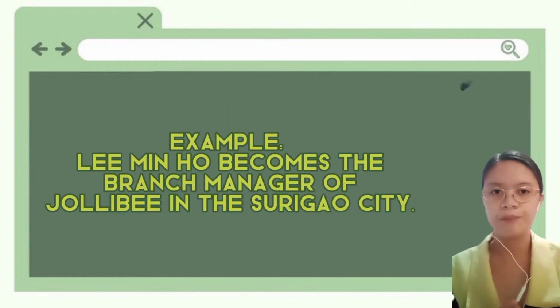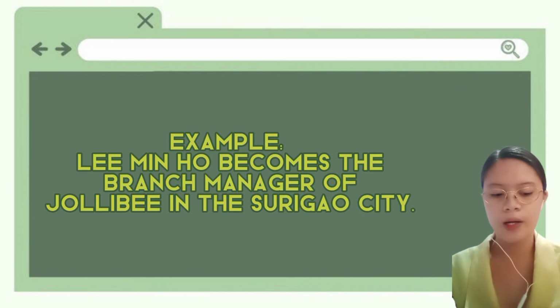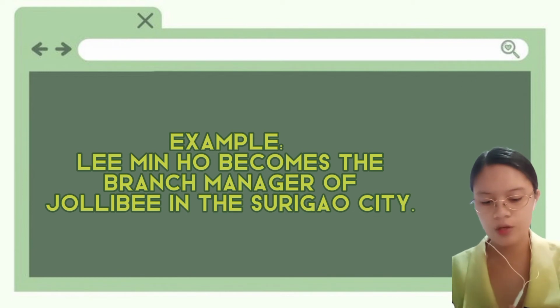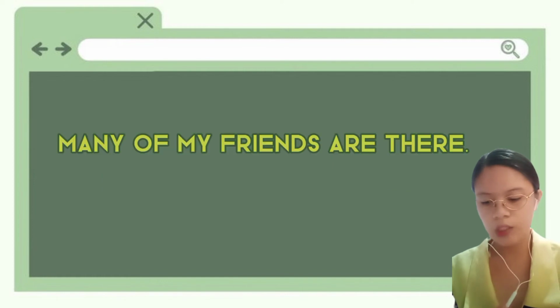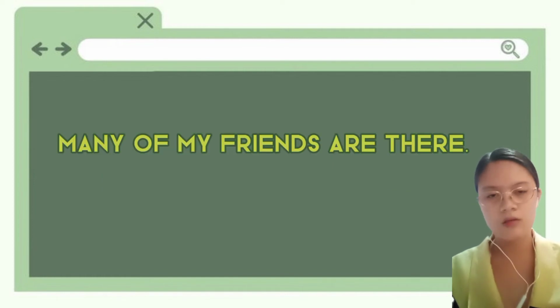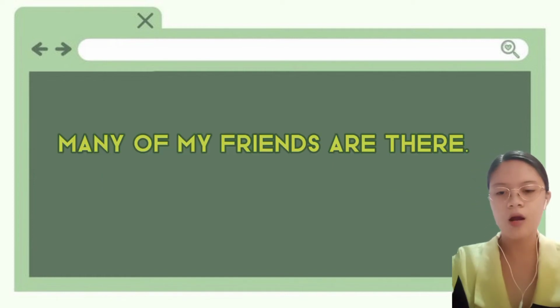For example, Lee Min-ho becomes the branch manager of the Jollibee in Surigao City. The linking verb there is become. Another example, many of my friends are there. The linking verb in the sentence is are.